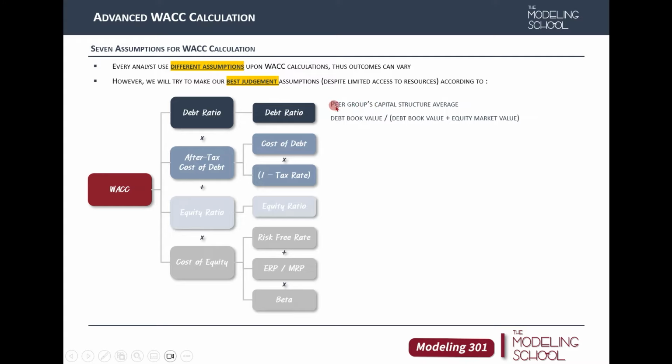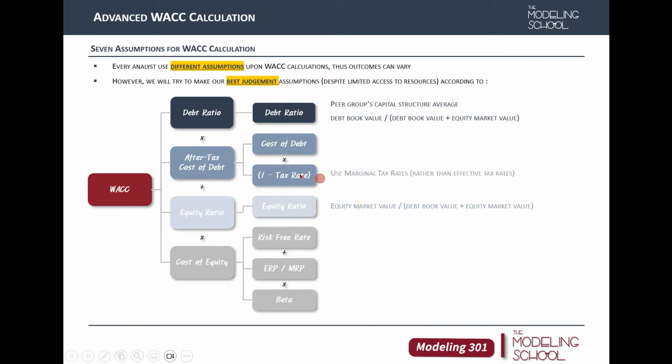So we're saying that in the long run, the debt ratio of Marriott International will also become similar to the peer group. So we're going to do that. Of course, once we have debt ratio, we can just subtract debt ratio from 100%, and we'll simply get equity ratio.